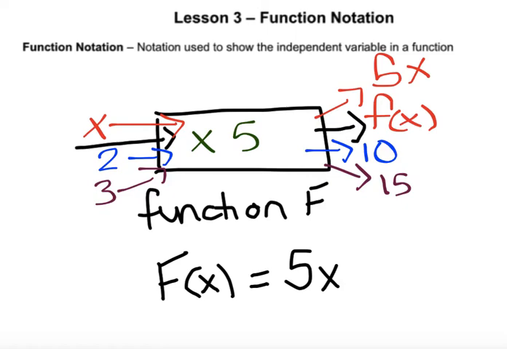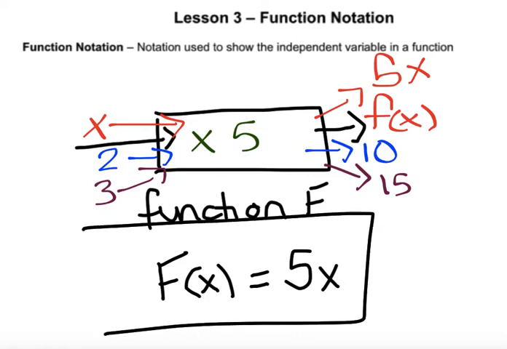So f of x is what comes out of the box, and x is what goes in, and everything in between is what you're doing to x. You're going to tell me what you're doing to x to get your answer on this side. This is what we would call a function evaluated at x. So this is how we write function notation.